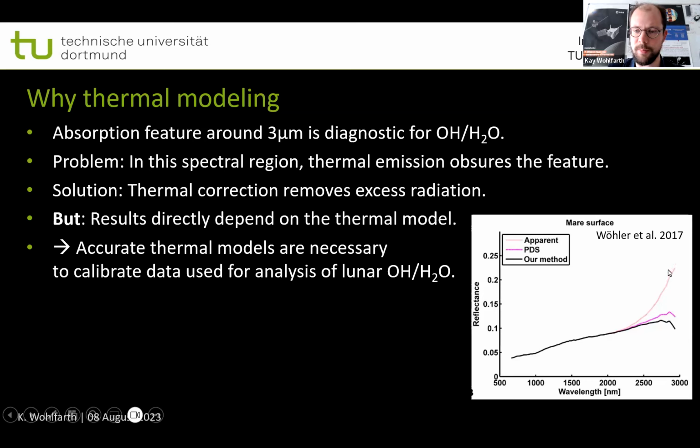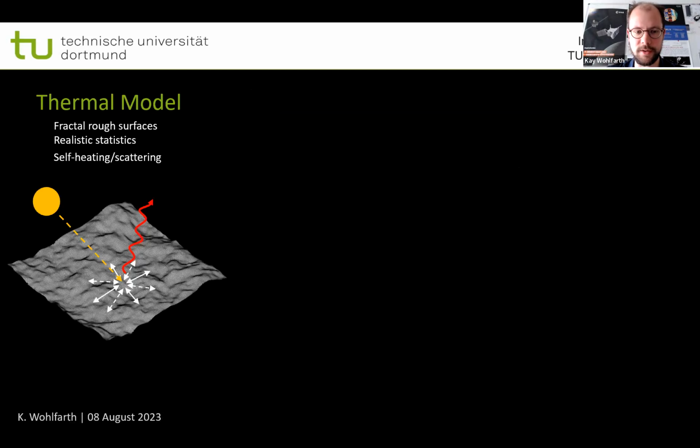This line is the apparent reflectance that was measured by the M cube instrument more than a decade ago, and with the method from Wöhler et al. 2017, we could correct this thermal emission band. And now I reviewed the method that we did, and constructed a new, more detailed thermal model and extensively validated it.